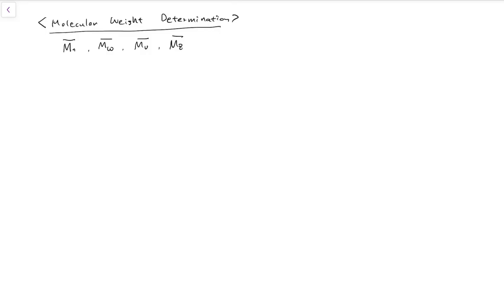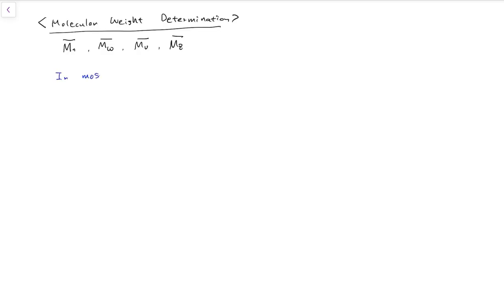We learned the definition of each of these and some related calculations. Today we'll learn how to experimentally determine these different kinds of molecular weights.